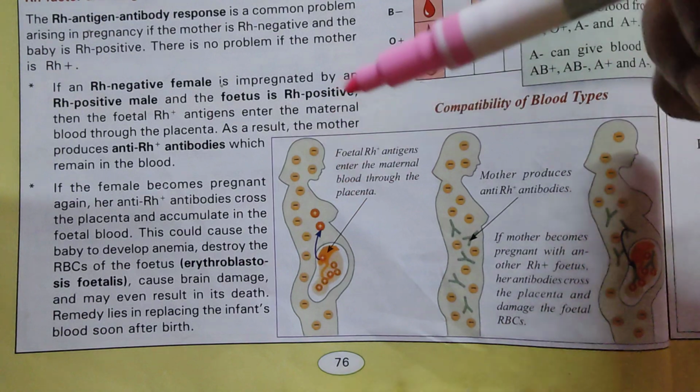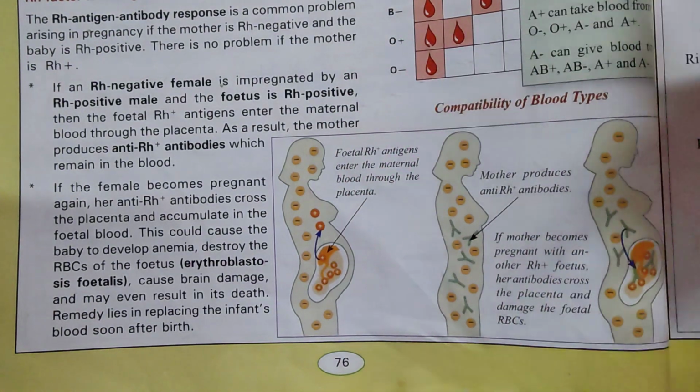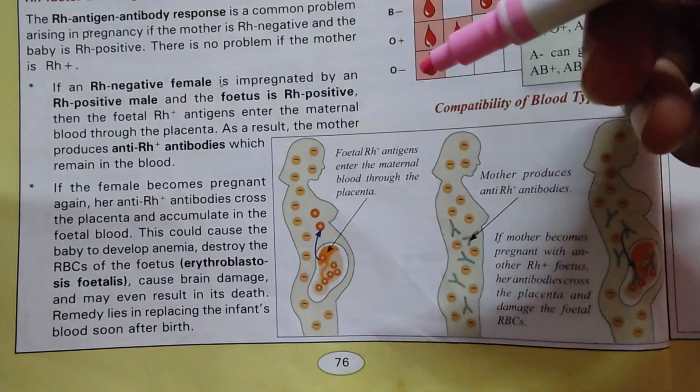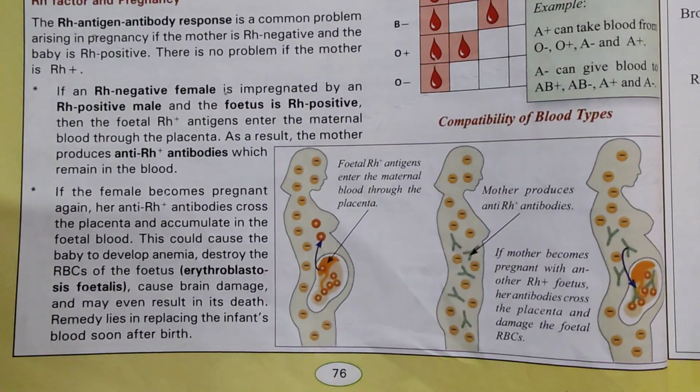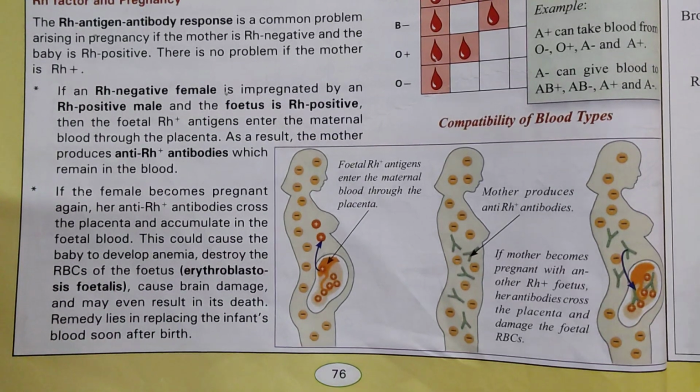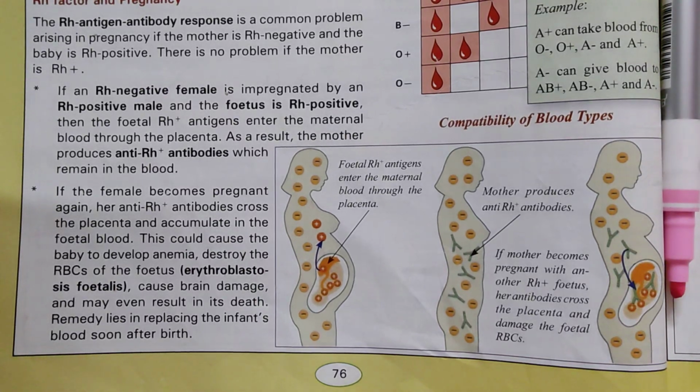But this sometimes carries a risk for the baby. That's why injections are available. Nowadays, if you inject the lady with that injection within 72 hours, these complications don't arise.